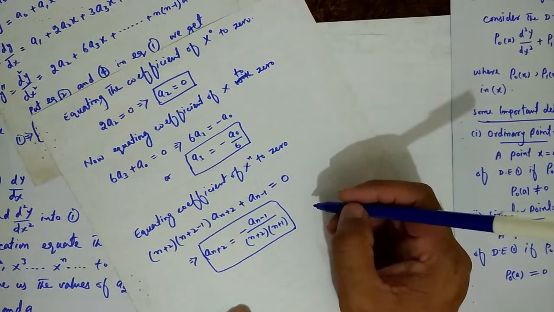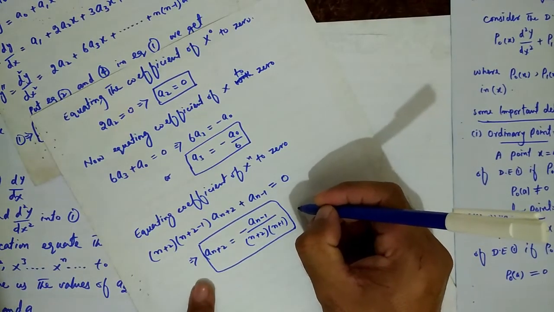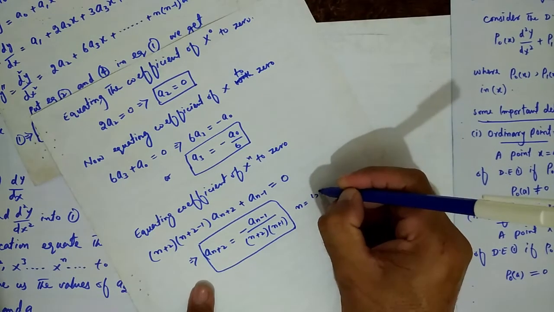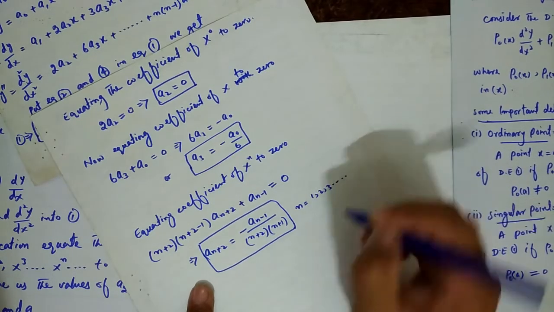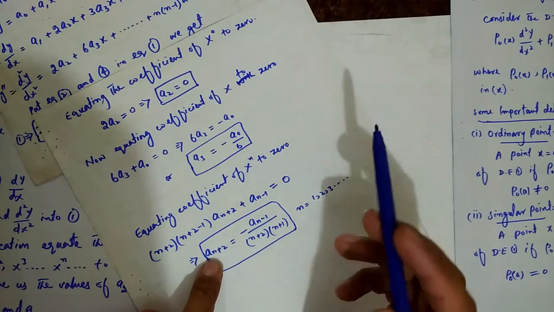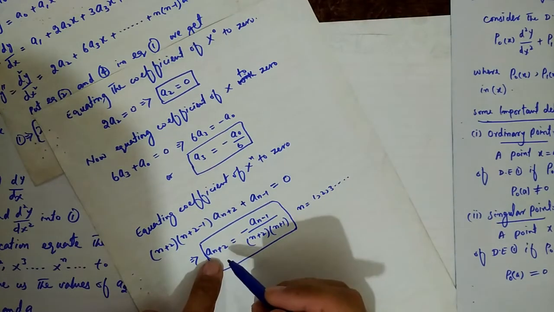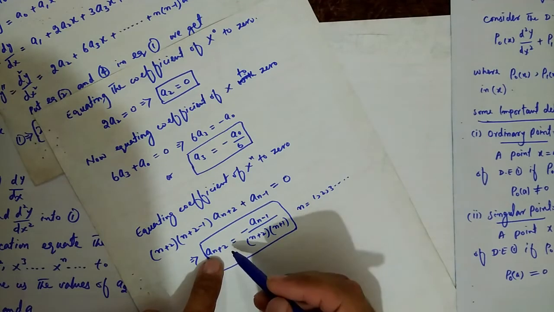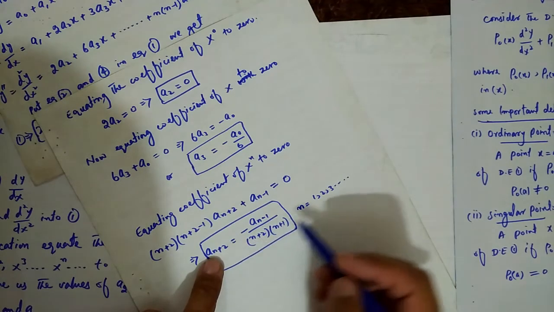Here n will start from 1, 2, 3 and so on, because if you put n is equal to 1, we will get a3. Clear?